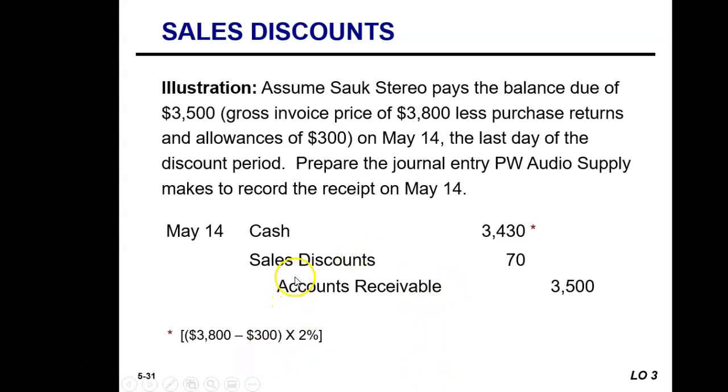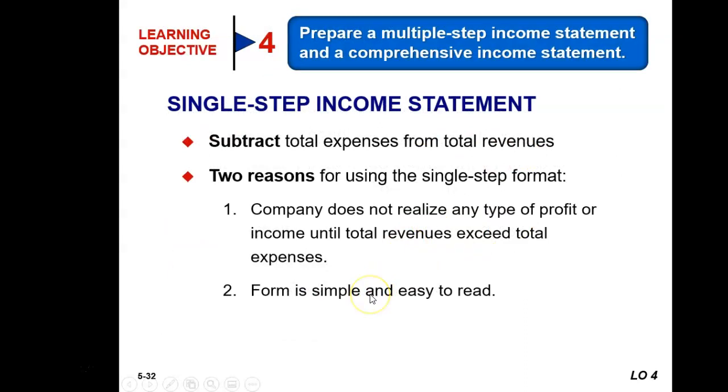We debit the sales discount account in the amount of $70 and credit accounts receivable in the amount of $3,500. Now let me caution you, when doing your homework, ask yourself the question, am I the buyer or the seller? Because that will determine the account type you're going to use to record these different types of inventory transactions.